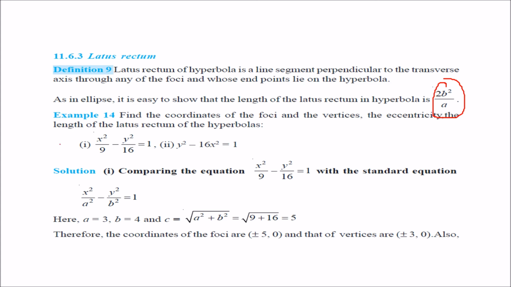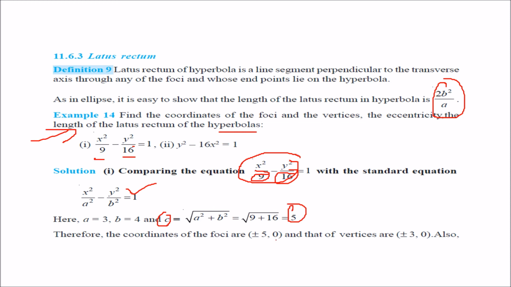So let us take an example so that you understand what we have just learned. That will be more clear. Find the coordinates of the foci and the vertices, the eccentricity, and the length of the latus rectum of the hyperbolas. So x square by 9 minus y square by 16 equal to 1. How are you going to do this? Let us compare this with the standard equation. a square is 9, b square is 16, so you get c, under root a square plus b square, that will be 5.